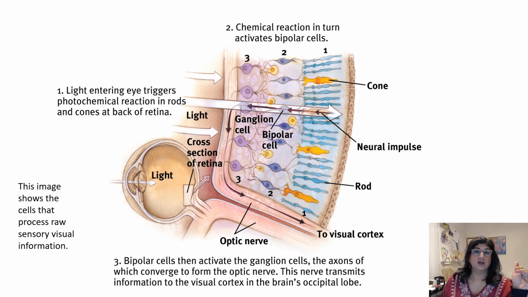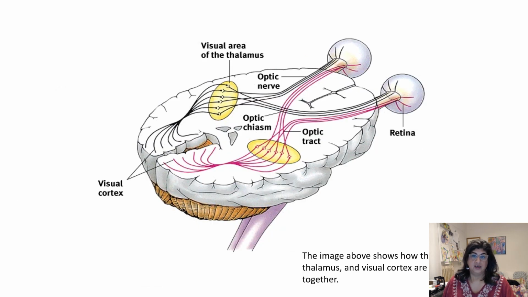And so you might want to pause here, go back to the last slide, and label all the different elements so that you have the eye diagram with the labels all in one place. Again, the axons of these ganglion cells go to the brain and they're sent to the visual cortex.